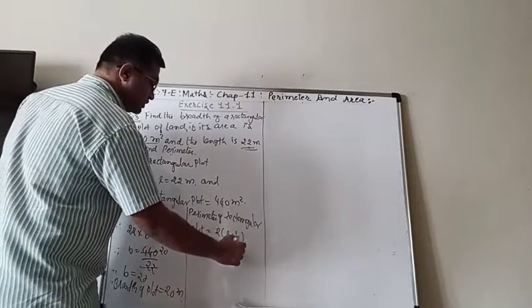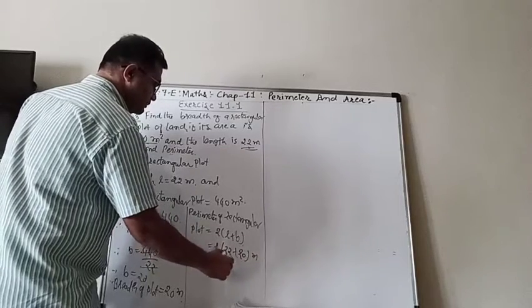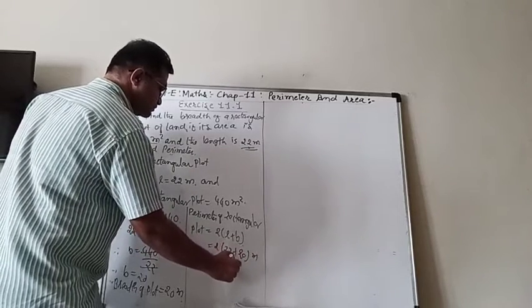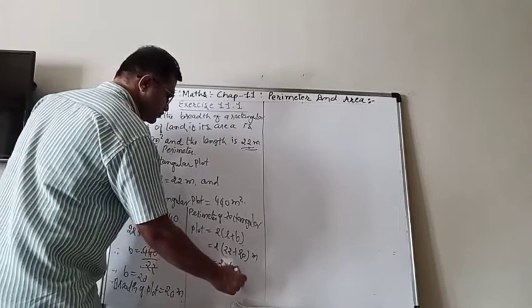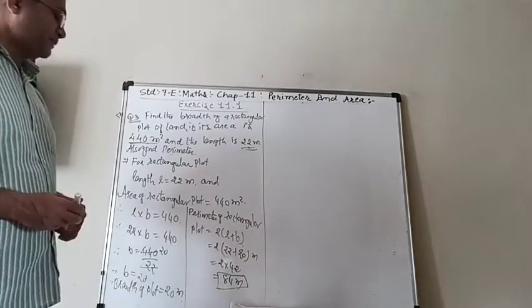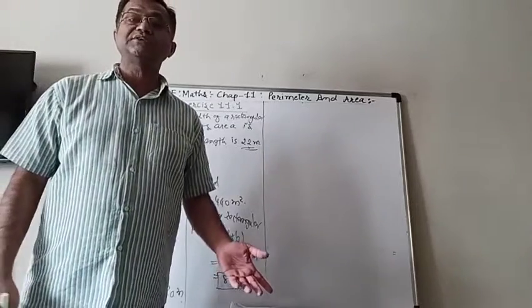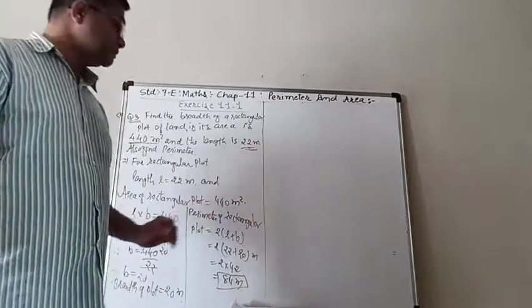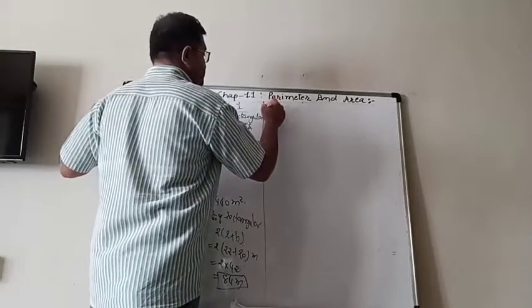We found 20. That is 2 multiplied by 42, which is 84. So the second answer is perimeter. The perimeter of the plot is 84 meter.